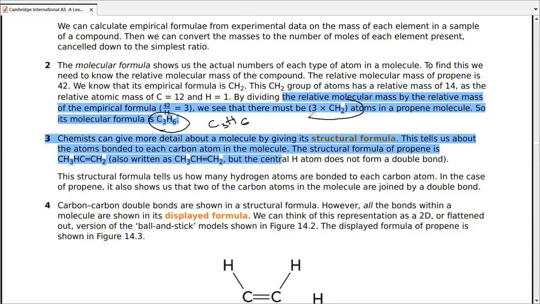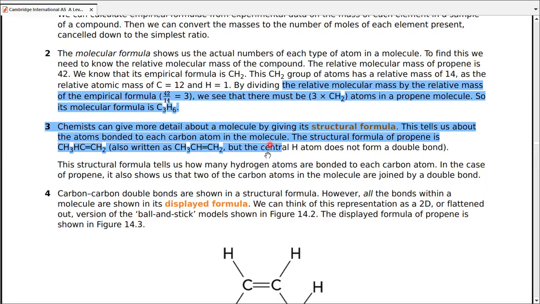But you should have a hang of this too. If there were CH2s, the empirical formula CH2, it must be 3 into CH2, for which we get the answer 42. And we get this number 3 really for the conversion as well. So we have been doing this previously in the quantitative chemistry part. So I hope you understand this kind of working already.